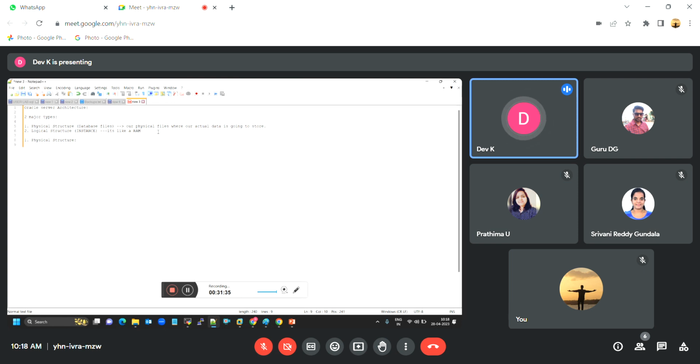In this physical structure, we have three major files. What are those three major and important files? The first one is the control file, which I will explain.